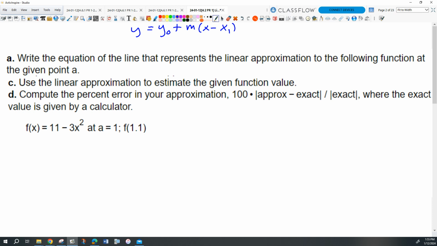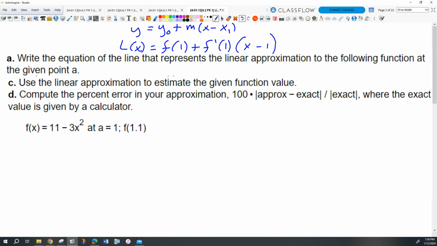Y always corresponds to f of x, or in this case, L of x, equals y naught, which is f of a, which for us is going to be f of 1, plus, what's m? f prime of 1, good, times x minus 1.